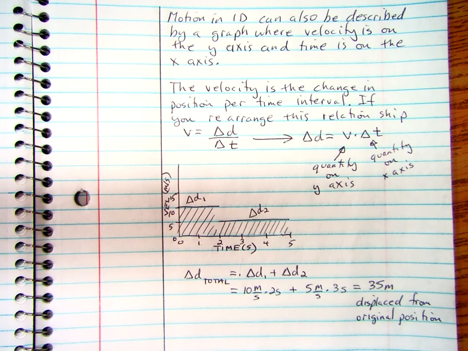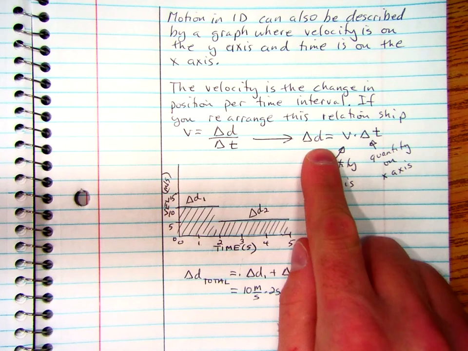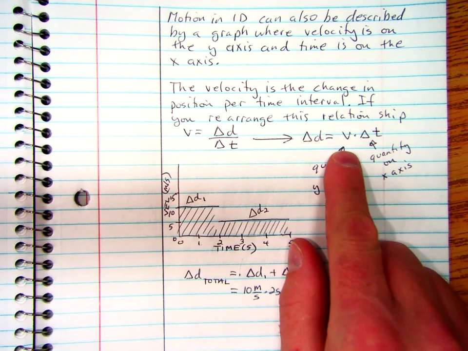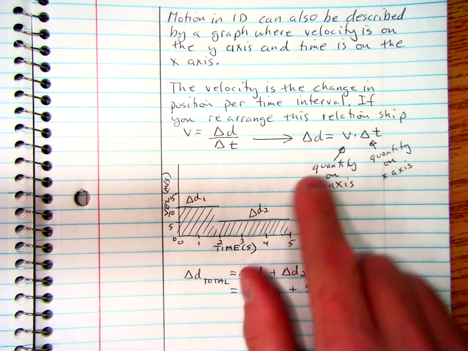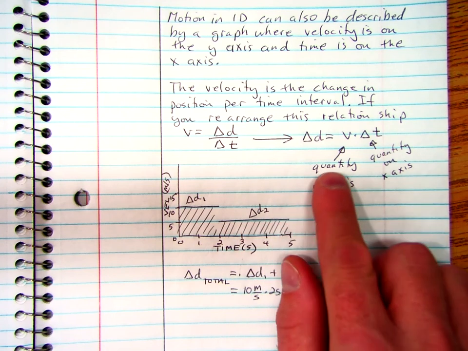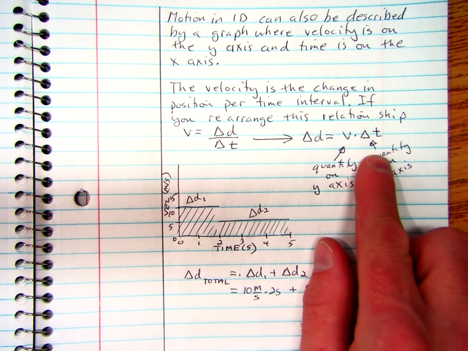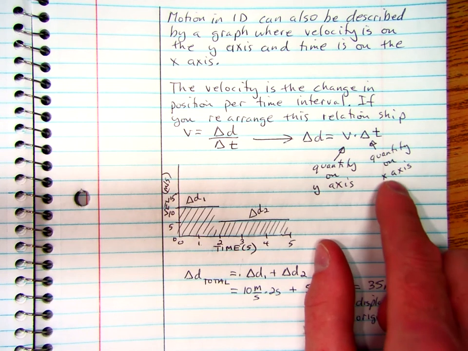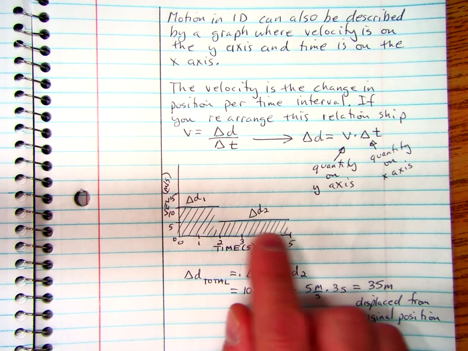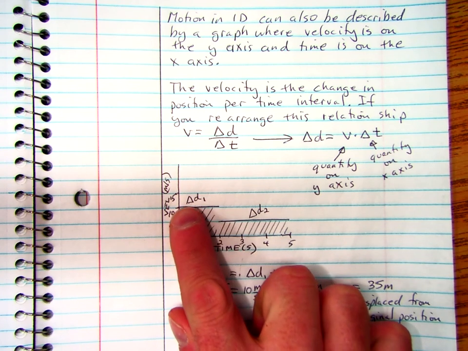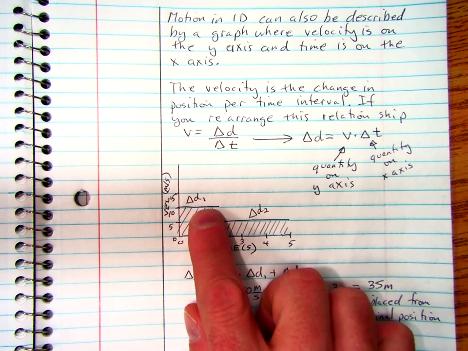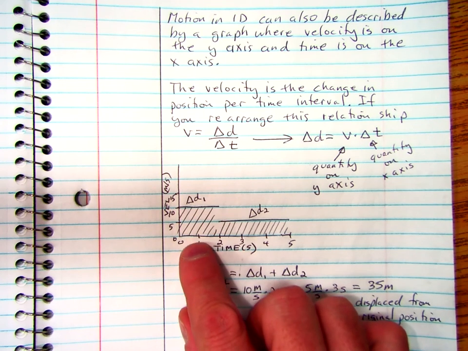Now, this idea of finding displacement by multiplying the velocity and the time can be applied directly to this graph. Velocity is the quantity on the y-axis, and time is the quantity on the x-axis. So if we look at each one of these line segments, they form a rectangle with the x-axis.